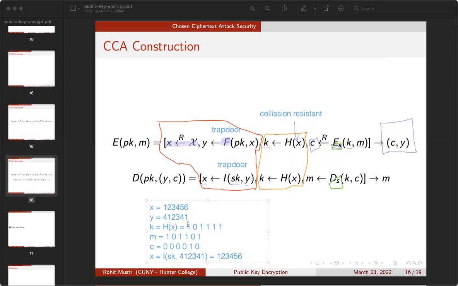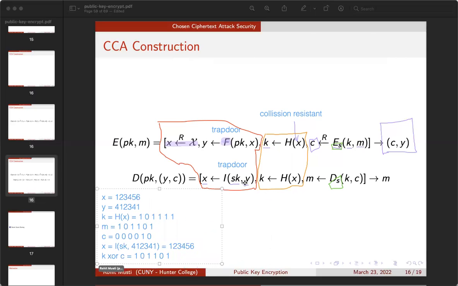And then with K, we can do K exclusive OR the ciphertext. K XOR C equals 1, 0, 1, 1, 0, 1. So that's the process you can use to actually do this public key encryption that is chosen ciphertext attack secure.